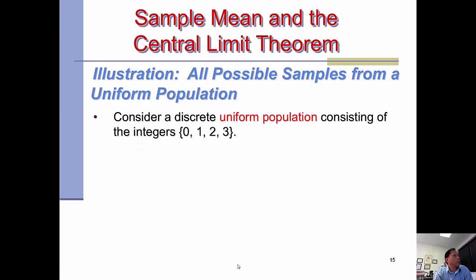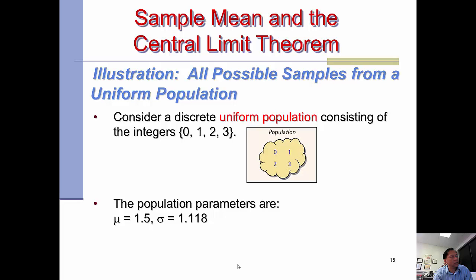Now consider all possible samples from a uniform population. Let's consider a uniform population consisting of the integers 0, 1, 2, 3. This is the population, only 4 numbers here. The population parameters are mu equals 1.5. How do you get 1.5? Add these 4 together and divide by 4, you get 1.5.